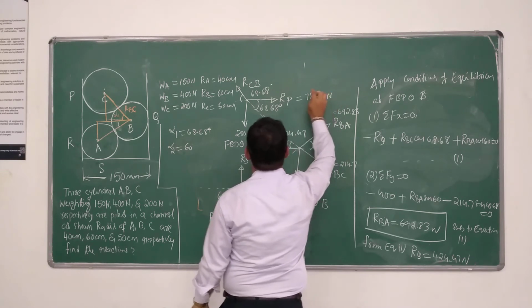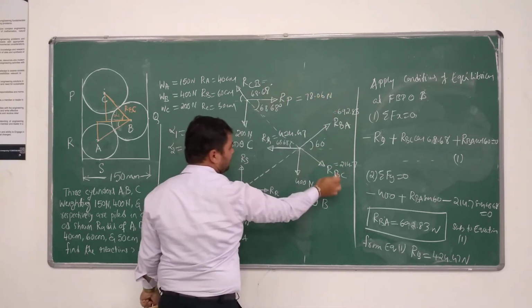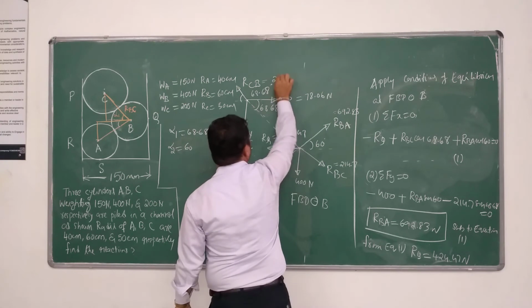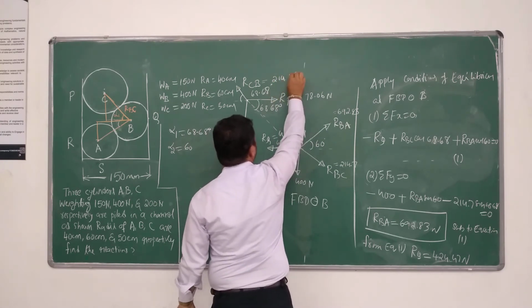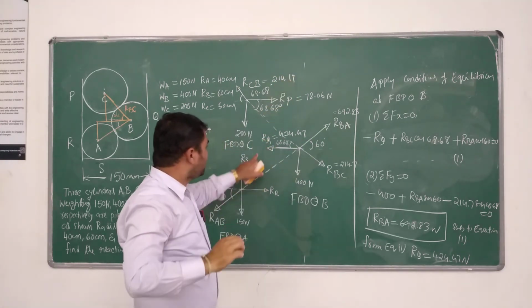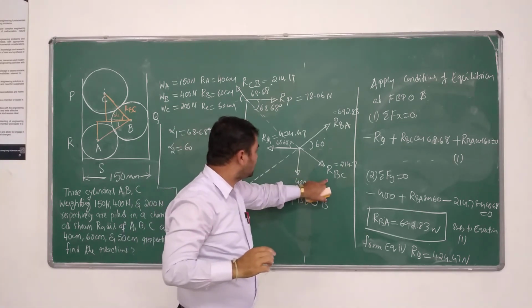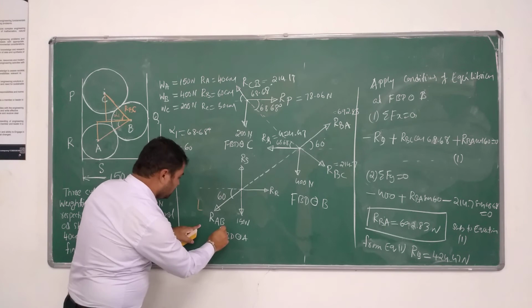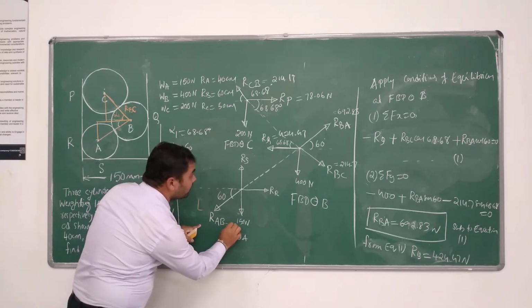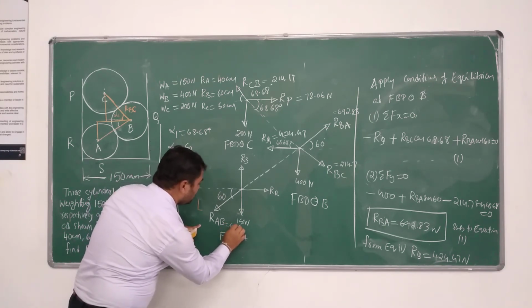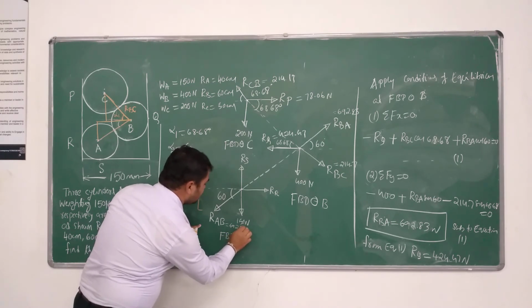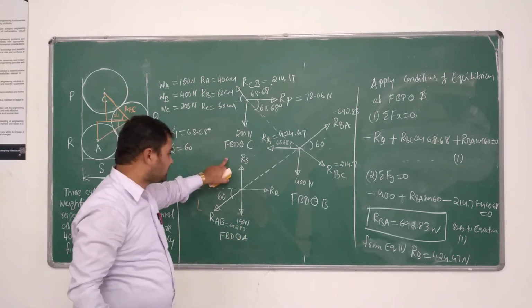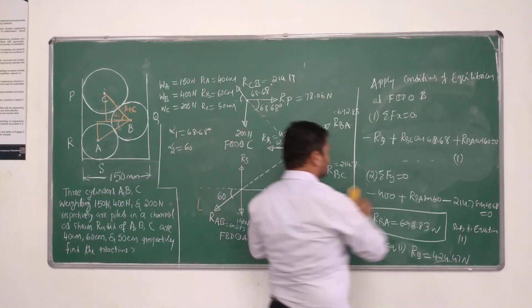RCB we have already calculated, 214.7. RBA is equal to 692.83. So the remaining unknowns are RS and RR. Let us calculate those unknowns.